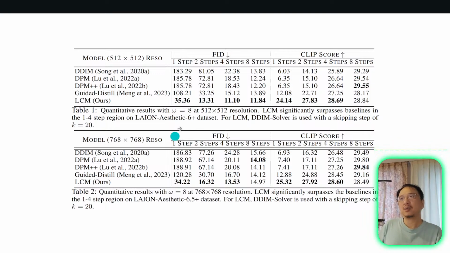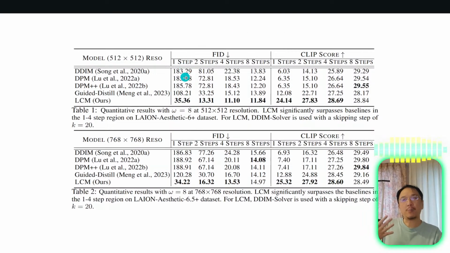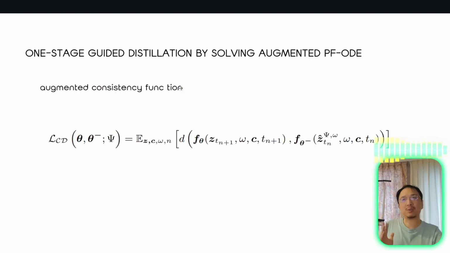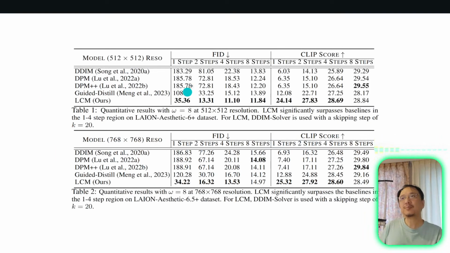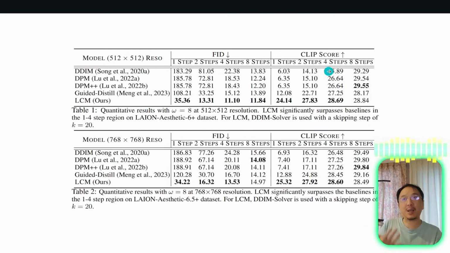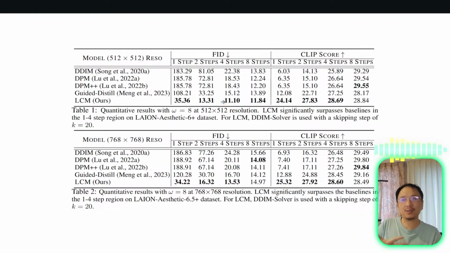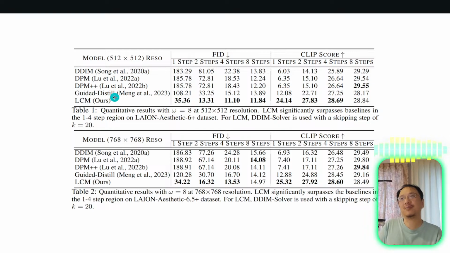Although they have two algorithms, like we said here, we're mostly considering the distillation version. And you can see that in the FID and in the CLIP score, the LCM performs best at the first step, compared to other methods like different scheduling or different distillation methods.